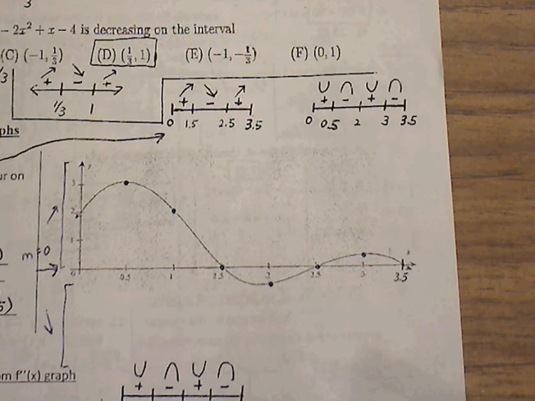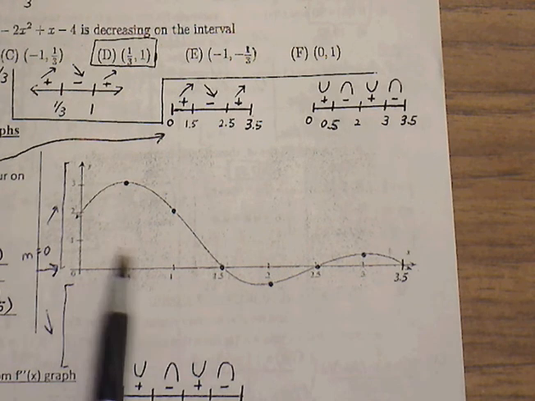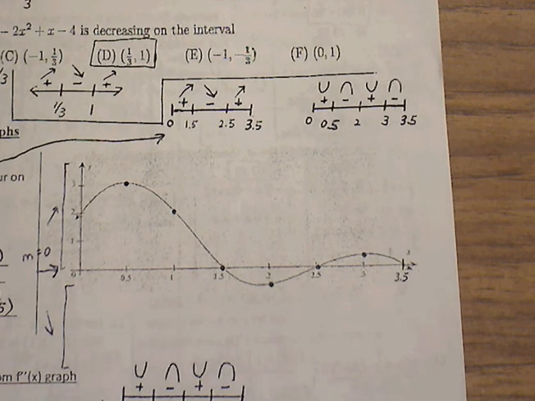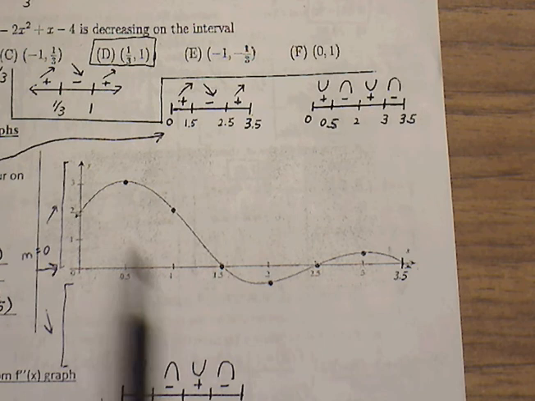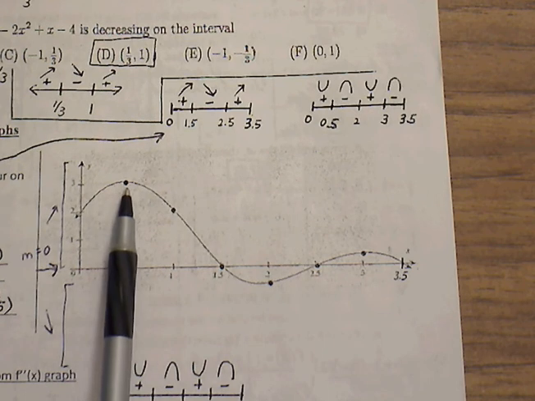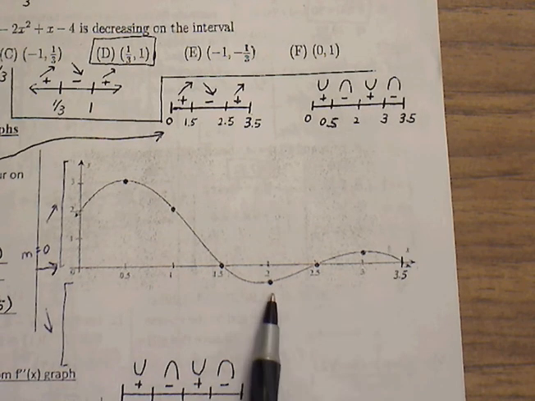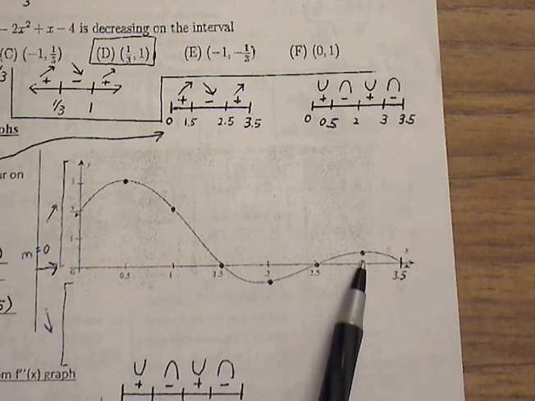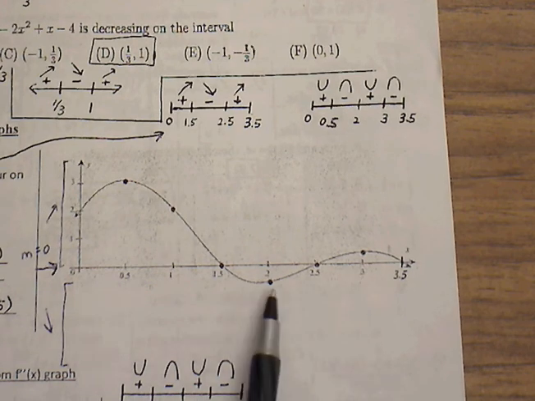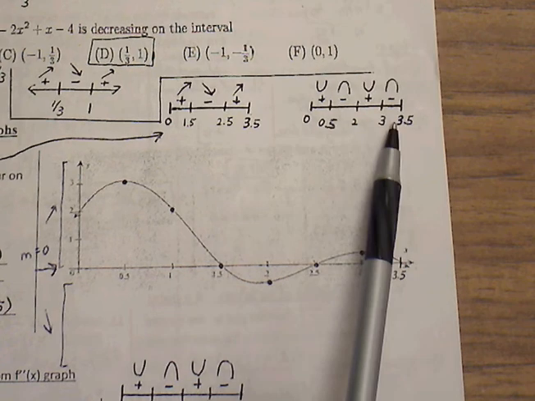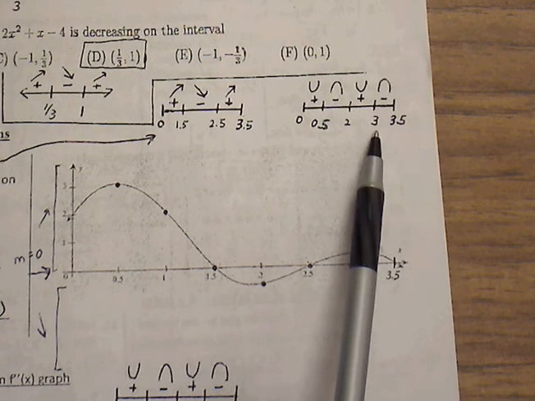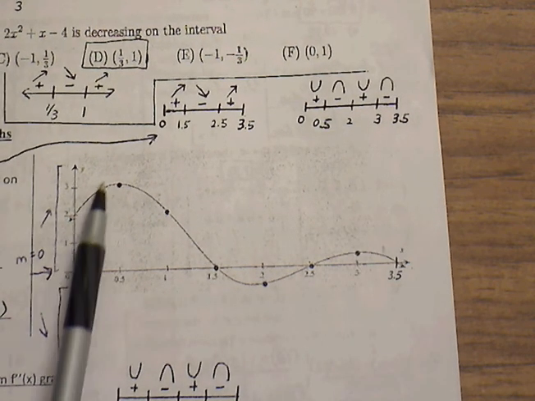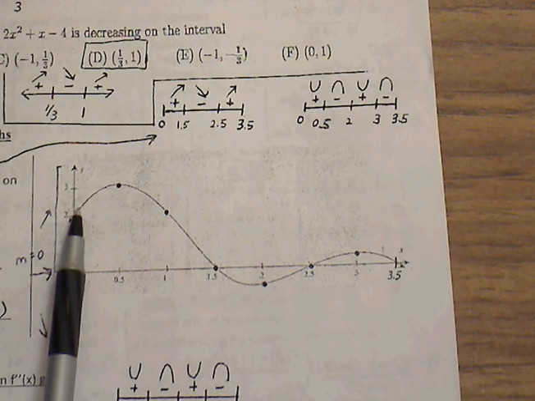From the f prime graph, we can also create our second derivative sign line and find information about concavity. Your relative maxes and relative mins are where your points of inflection will occur. So these are the critical points for our second derivative sign line: 0.5, 2, and 3. Positive slope on an f prime graph indicates where the graph is concave up.